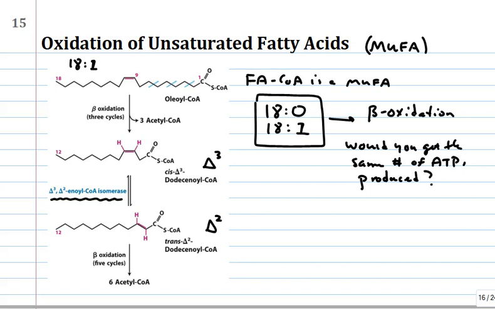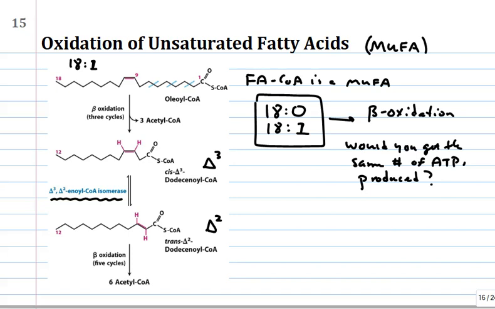So you break down the 18 colon 0, just like we broke down palmitoyl CoA, but this one has 2 more carbons, right? But you break it down the same way. Then you break down 18 colon 1 like oleoyl CoA up here. You're still going to get 9 acetyl CoA for both of those.